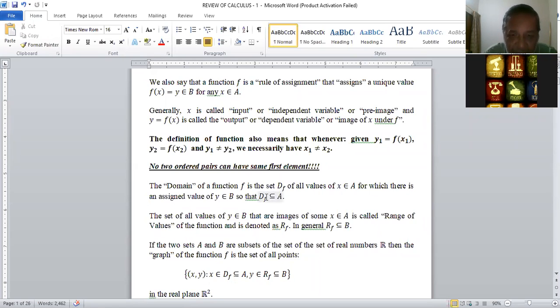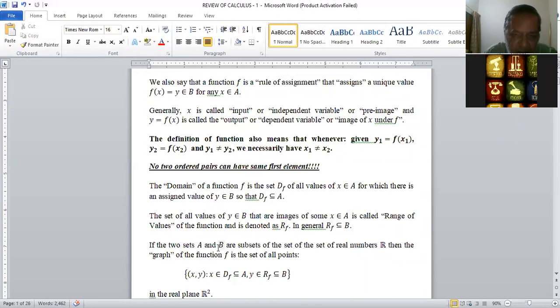And this has to be a subset of A, that can be completely A, but not necessarily. Similarly, the set of all values of y which are images of some x in the domain. These values of y form the set which we call the range of values of the function. And generally we denote this R sub f, and this has to be a subset of B.